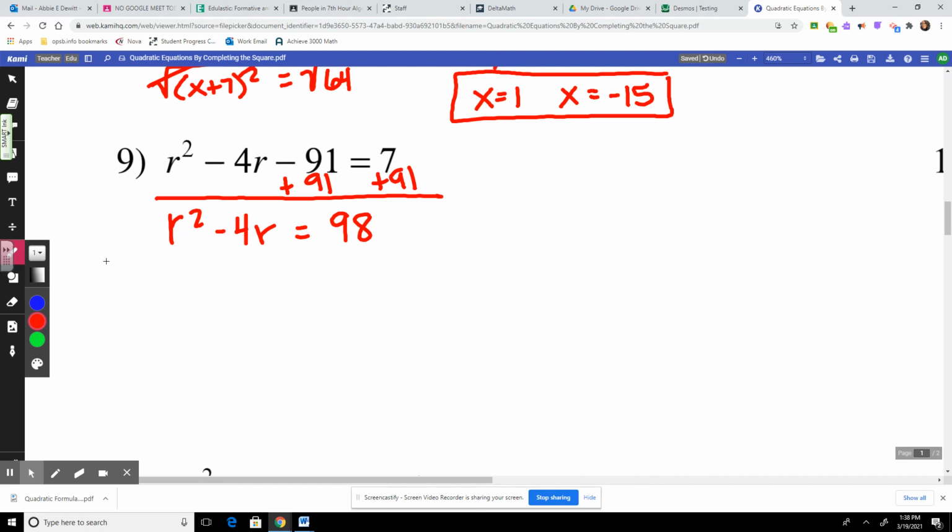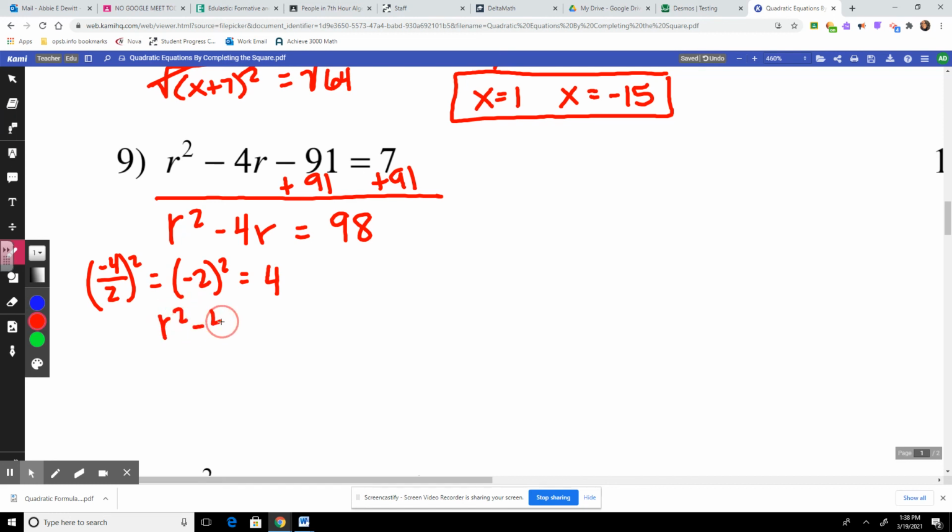Okay, so now I have b, which is negative 4 divided by 2 squared. Negative 4 divided by 2 is negative 2 squared, which ends up being 4. So I need to add 4 to both sides.